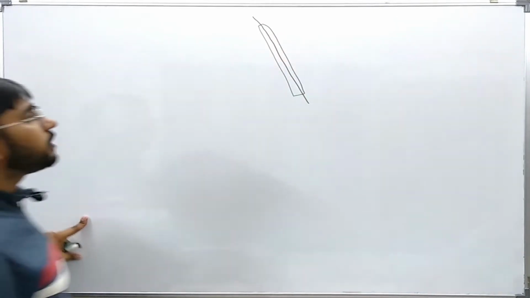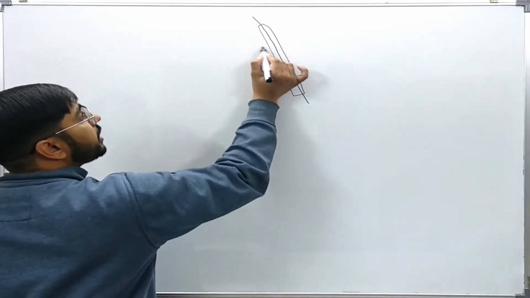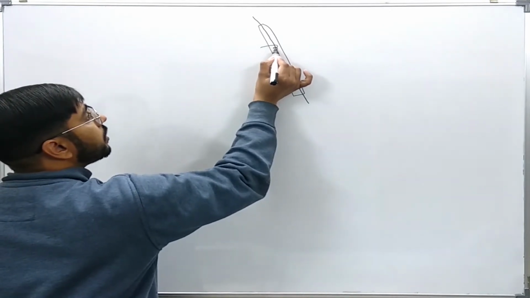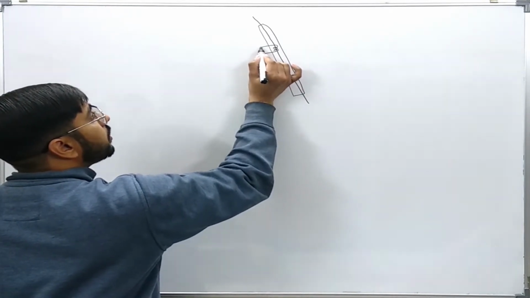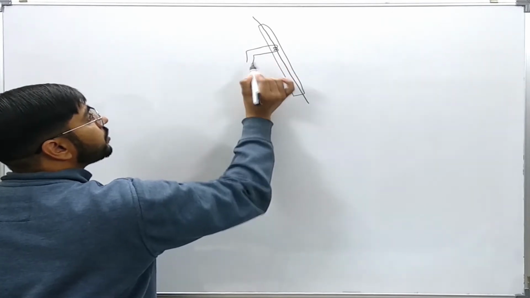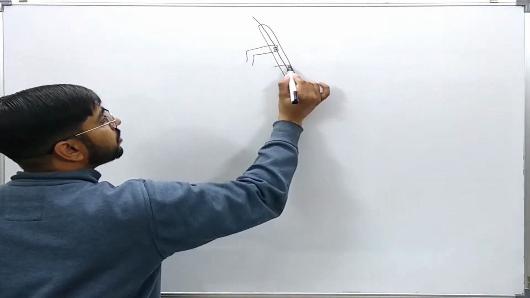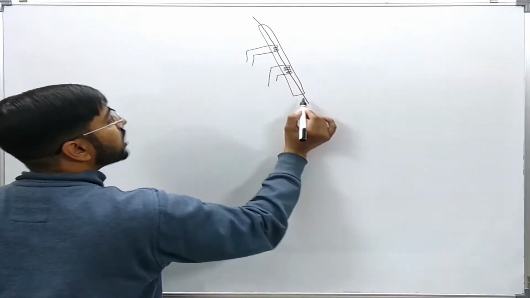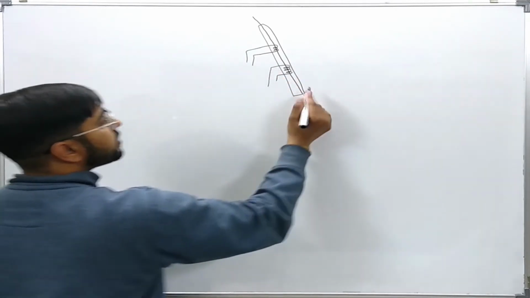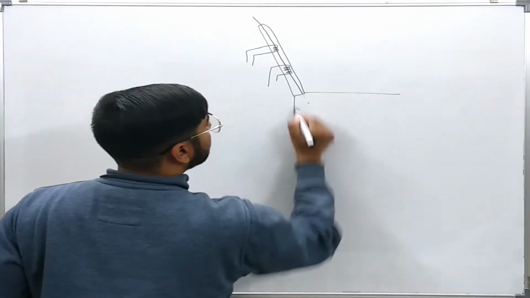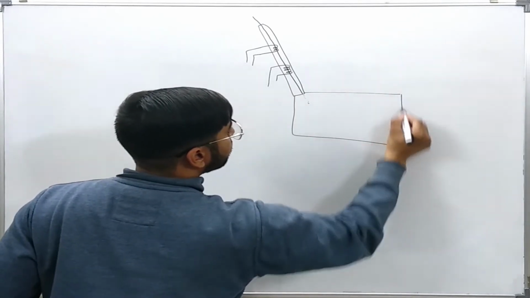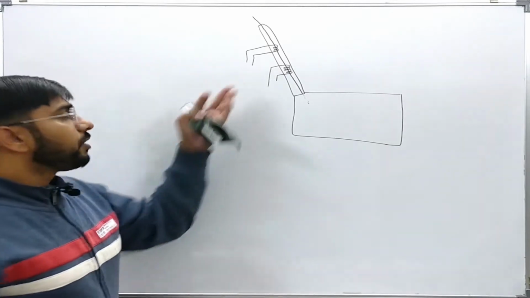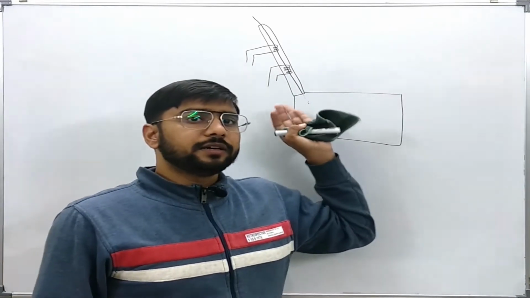So we are taking readings through installation of the CT into the bushing of the transformer only. This is the transformer tank. This is one of the constructions available in the substation.